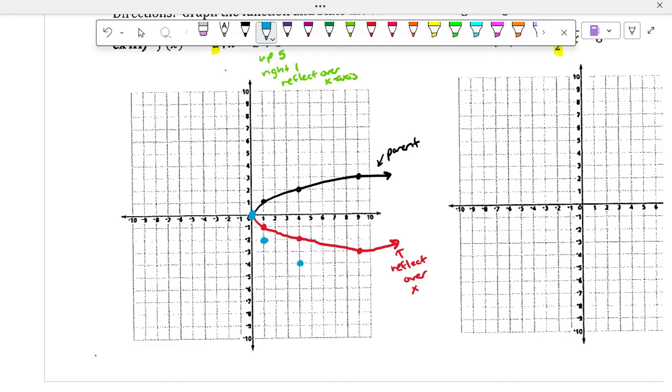So that's my new y value. What's -3 times 2? -6. So this would be when I do 2 times f of x, or the dilation.